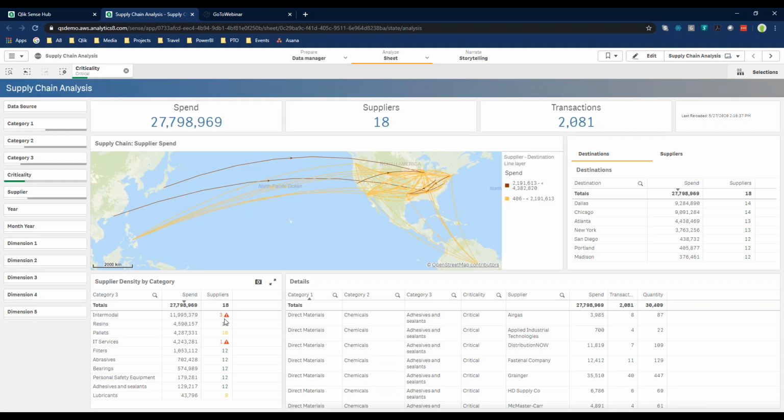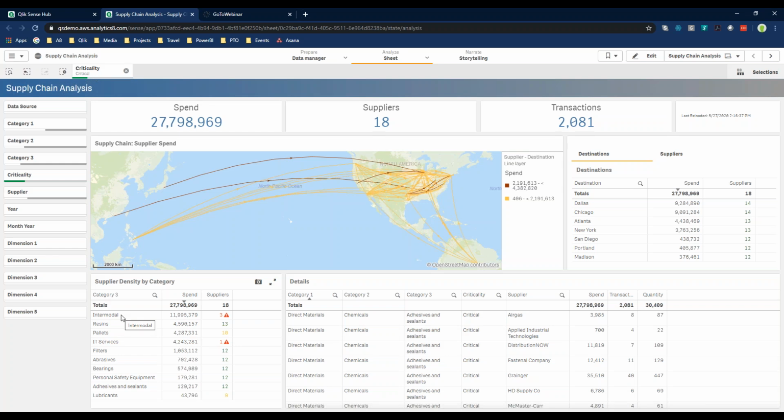So if a given supplier has a disruption, let's say a bankruptcy, any sort of disruption, am I reliant on simply one supplier? Or do I have other suppliers that I can pivot to? This is where you start identifying those risk areas.